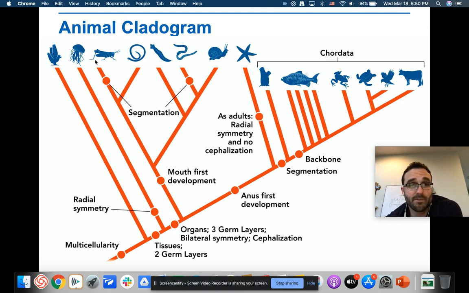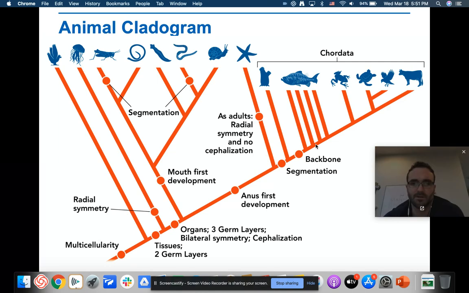Okay, so we have the invertebrates, and then we have the chordates, which again, almost everybody has a backbone. All right, now as you can see, radial symmetry most likely evolved first, and then bilateral symmetry most likely evolved much later.